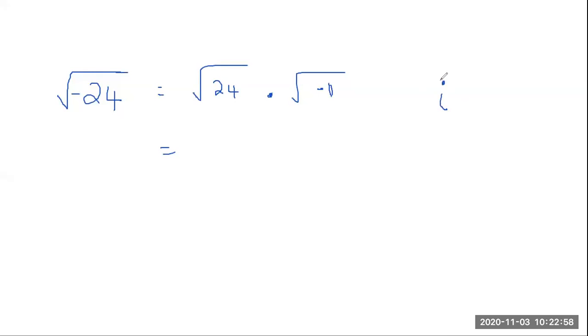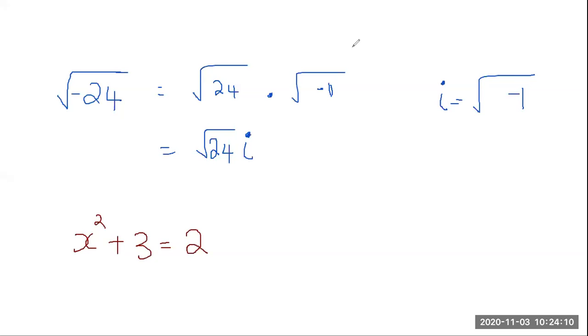I, this new variable, is equal to the square root of -1. So since I've already split them up, my answer would be the square root of 24 times I, because the square root of -1 is I.